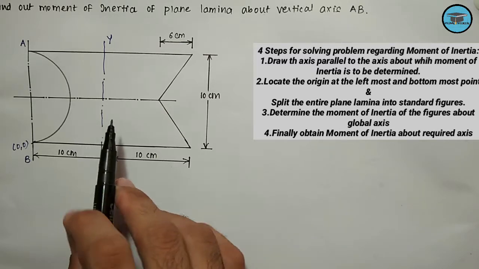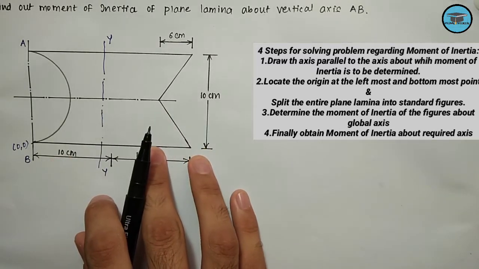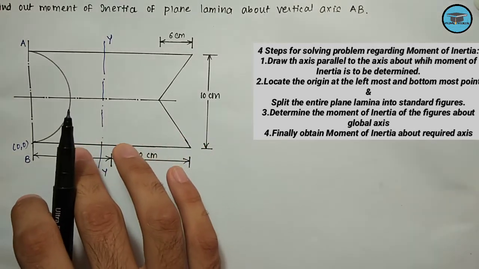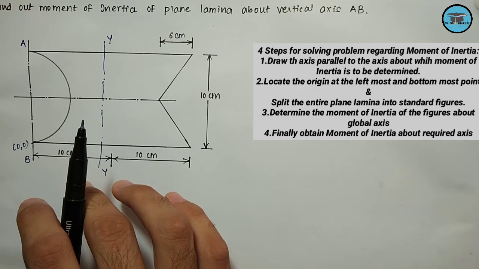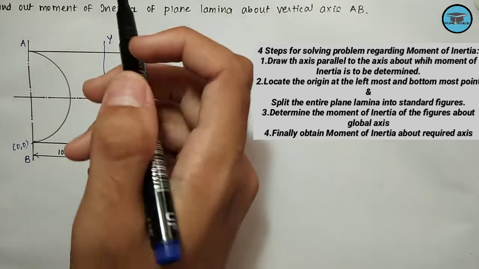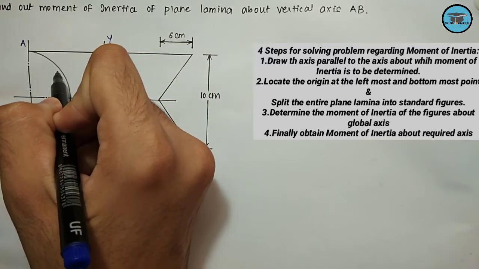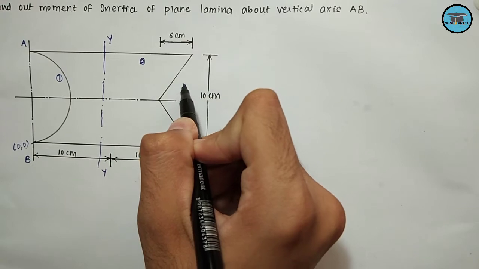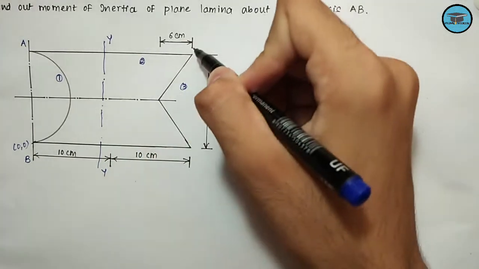Next step is to split this entire plane lamina into the standard figures, that is rectangle, triangle, semicircle or circle. So let us split this entire plane lamina into the number of standard figures. So let us consider this as 1, this figure as 2 and this triangular region as 3.